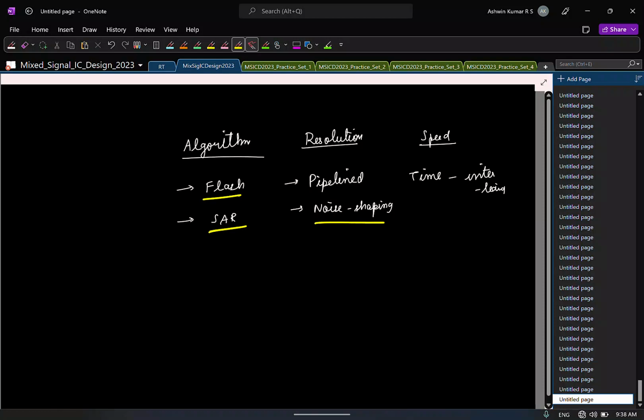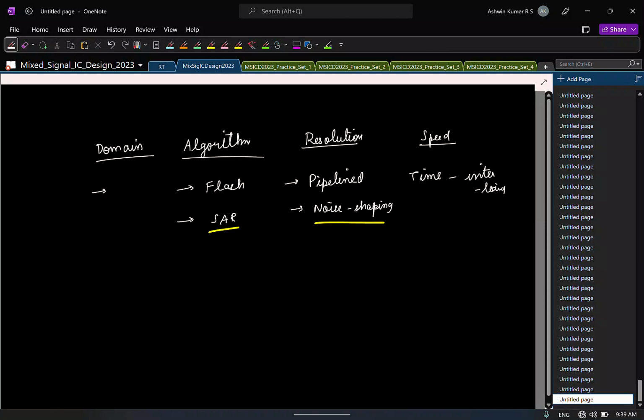On top of it we have techniques: for increasing speed we have time interleaving, and for increasing resolution we have pipelining and noise shaping. Until about 30 years back, these were the three verticals people had to play with, and the moment people realized we can do this continuous time ADC, that opened an entirely new vertical. At least that's how I try to look at it.